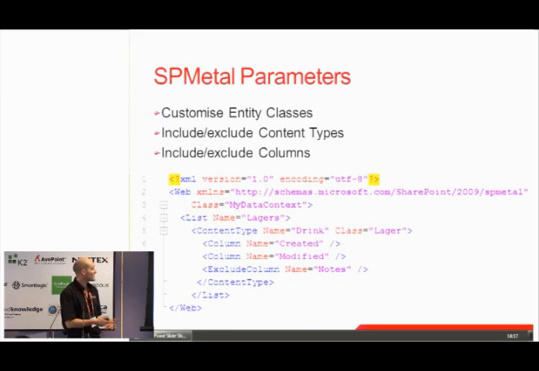I also decided that I want to include some columns that don't come out of the box with no parameters, which are the useful and native properties of all items within SharePoint, created and modified. But I'd want to exclude the column called notes. So it's fairly simple. It is limited as well. It doesn't allow you to customize it to the nth degree, but it allows enough flexibility for us to use, certainly.